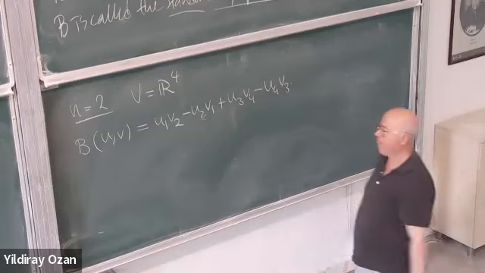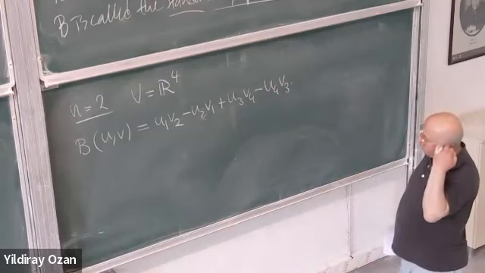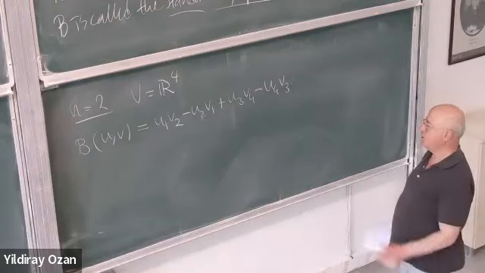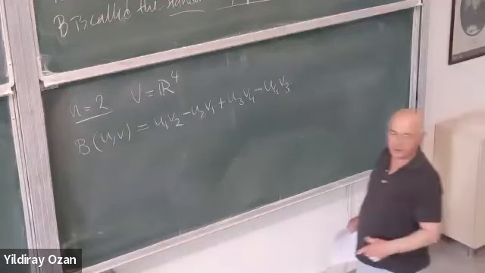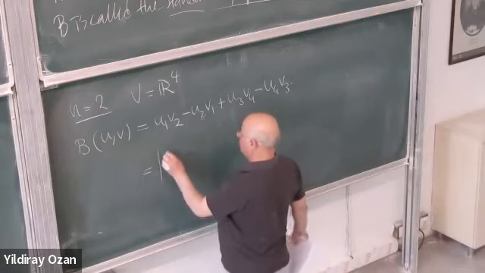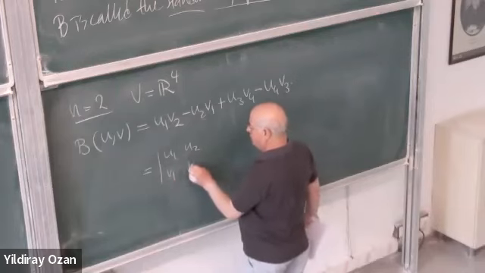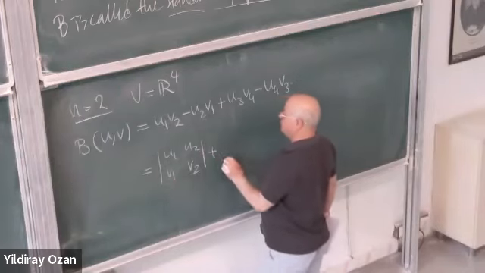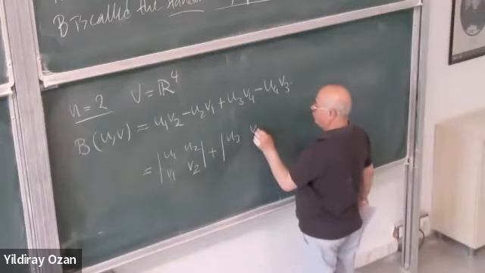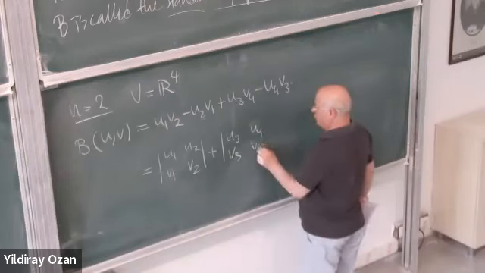Okay. Aslında dikkat ederseniz bu nedir? İki tane determinant değil mi? Şöyle bakarsanız bu U1, U2, V1, V2 artı U3, U4, V3, V4.